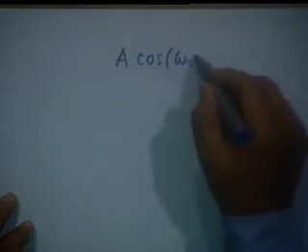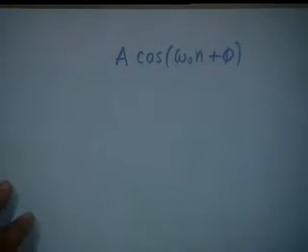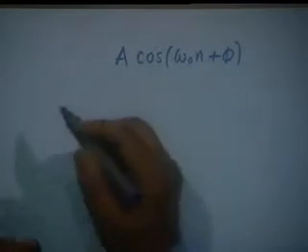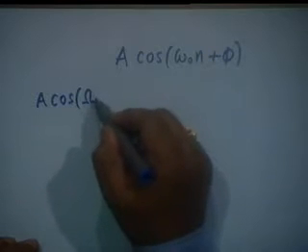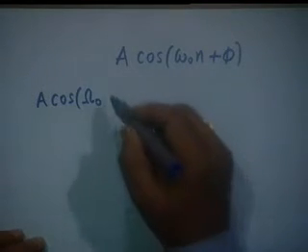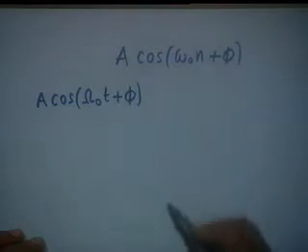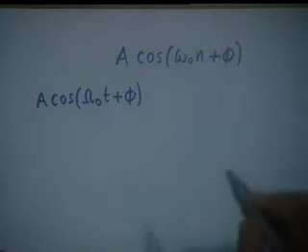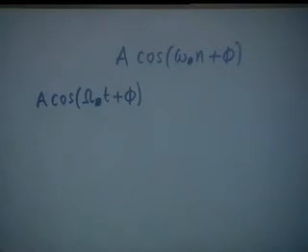Now we go a little more into the interpretation of this signal, A cosine omega 0 n plus phi. How does one obtain such a signal? Suppose you have an analog signal A cosine capital omega t plus phi.